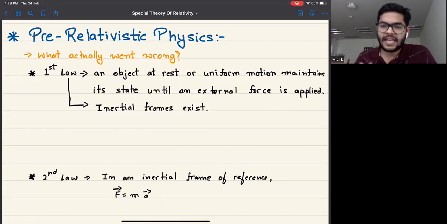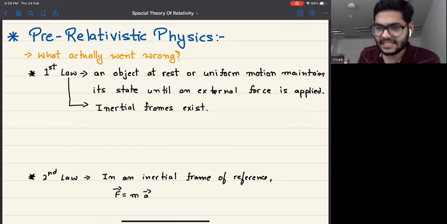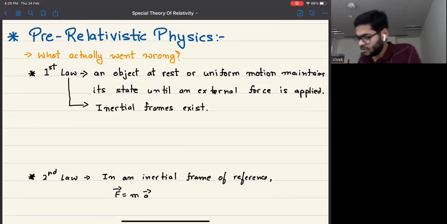And if that object is moving with a uniform velocity, that is, a constant speed in a straight line, then until an external force is applied on it, it will keep on moving in that state.